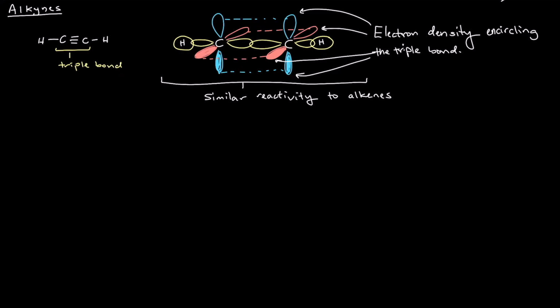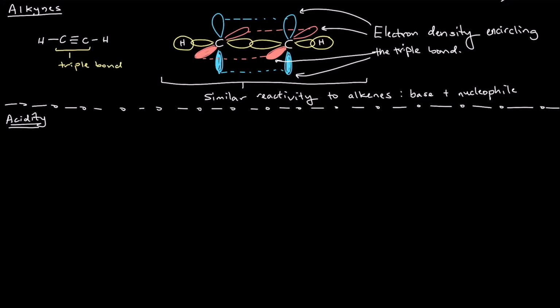And so, if you're thinking about patterns in organic chemistry, one might see that alkynes should have similar reactivity to alkenes, which is to say that alkynes can act as bases or nucleophiles given the electron density encircling that triple bond. But let's now consider the acidity of alkynes.